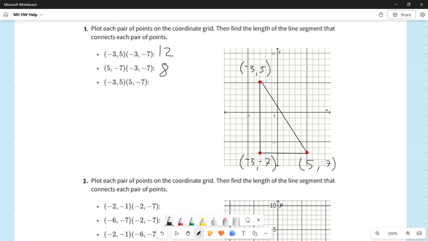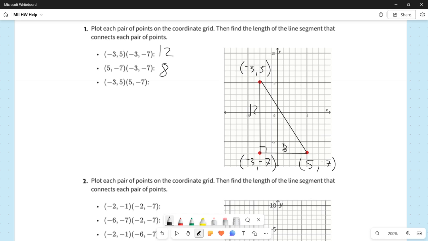However, what we do have in this picture, so the first two lines that I drew, they are perpendicular. One was vertical, one was horizontal, which means they form a right angle. So there's a right angle in the bottom left there. We already figured out that my vertical length here was 12, and we also already figured out that my horizontal length was 8.